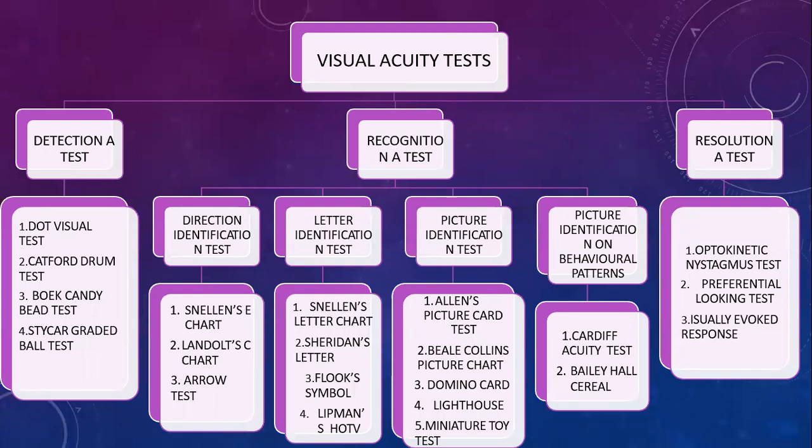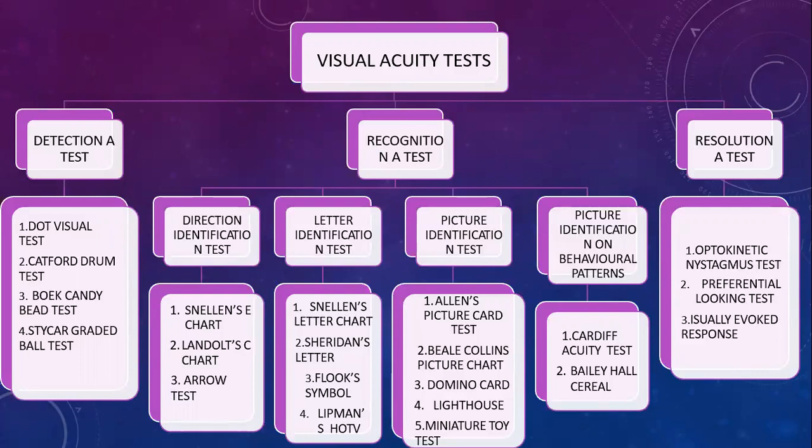For visual acuity tests, we have many types: detection tests, recognition tests, and resolution tests. Under the detection tests, we have the dot visual test, Cat4 test, drum test, Pro candy bead test, Teller acuity card, Sheridan-Gardiner, and graded wall test.